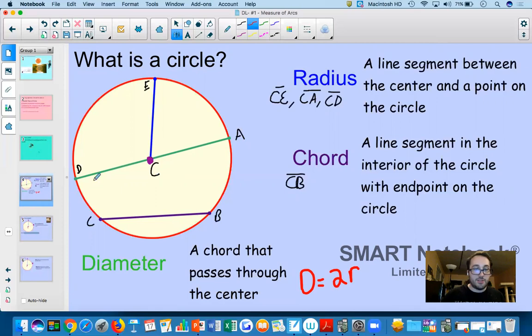So if this is my diameter, the whole thing, DA, if I cut it in half, that's a radius. Or if I take a radius like AC and I double its length, that's also the diameter. That's a common equation that you've most definitely seen. If not, now you know.